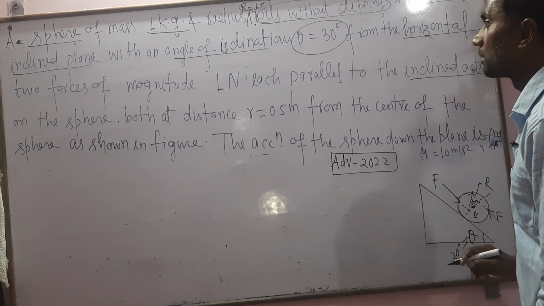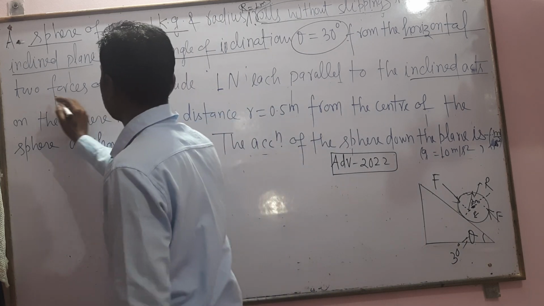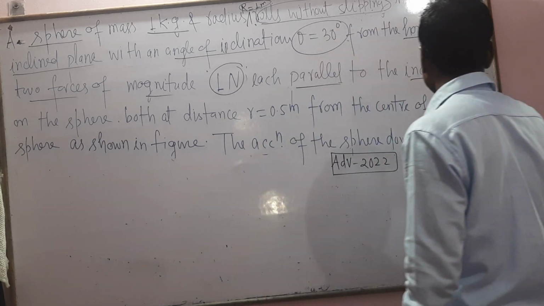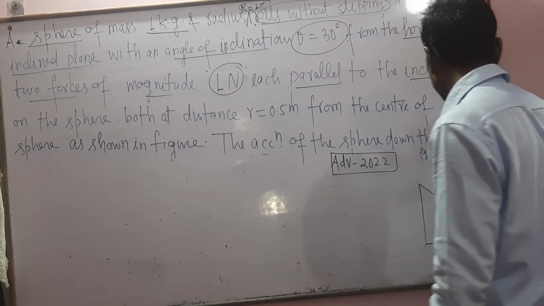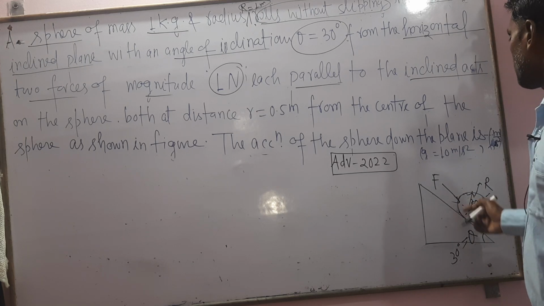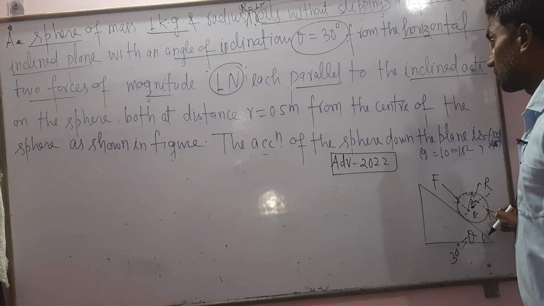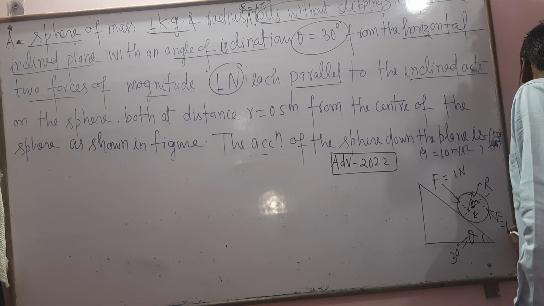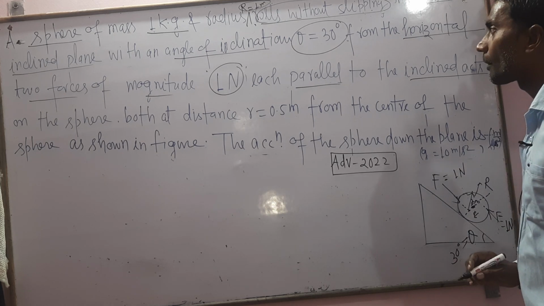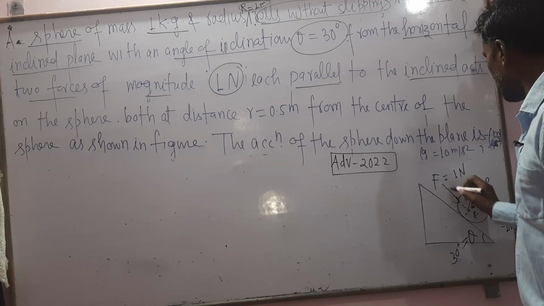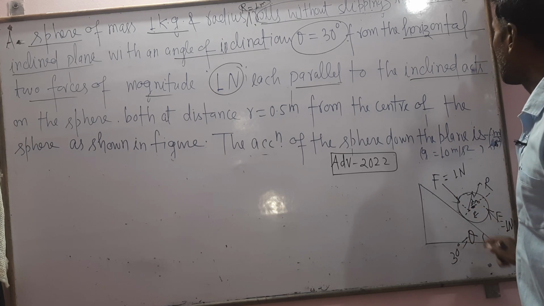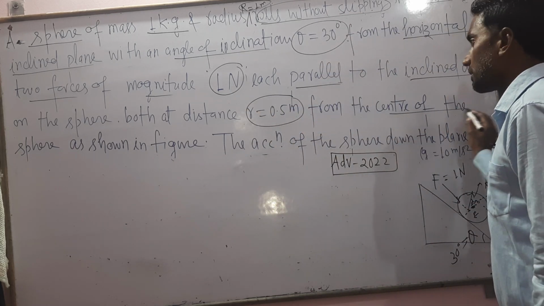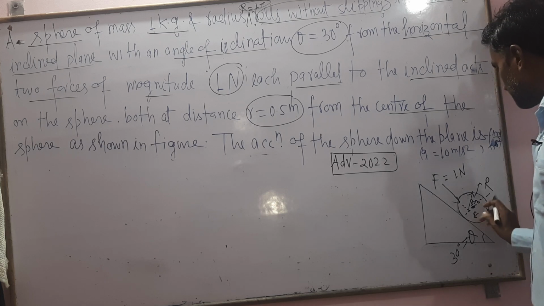Two forces of magnitude 1 Newton each, parallel to the incline, act on the sphere. The two forces are F and F, with F equal to 1 Newton each. They are parallel to the incline, in opposite directions, at a distance of 0.5 meter from the center of the sphere.